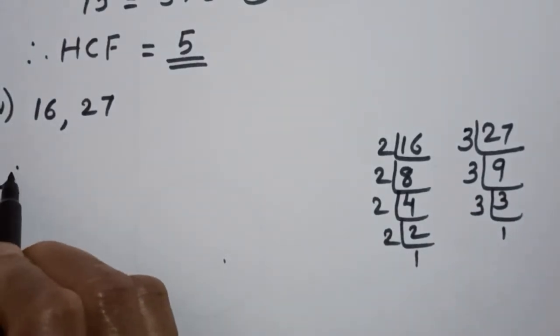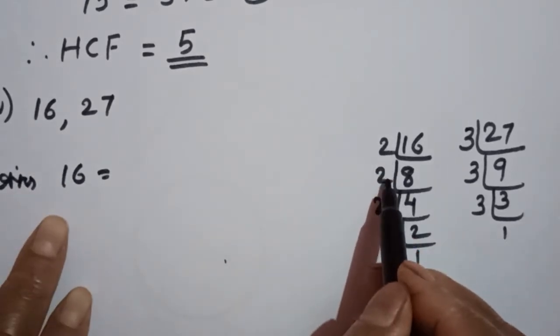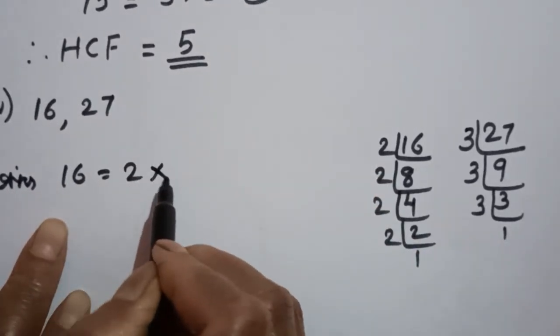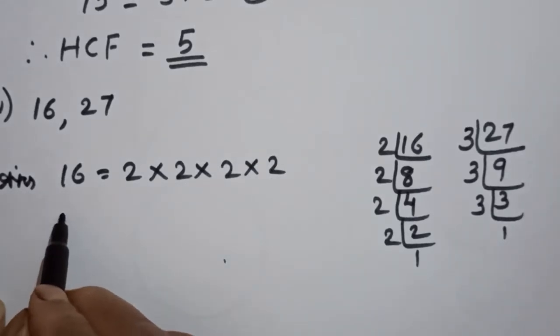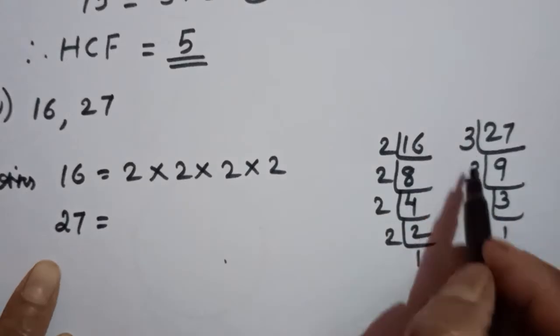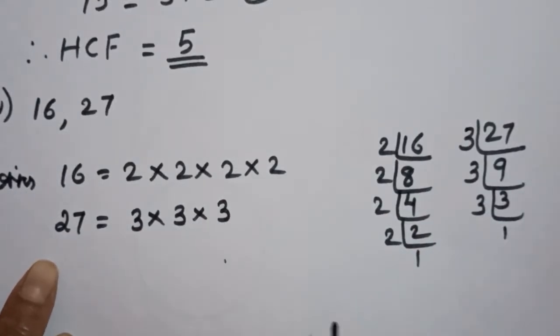So the prime factors of 16 are 2 into 2 into 2 into 2, and 27's prime factors are 3 into 3 into 3.